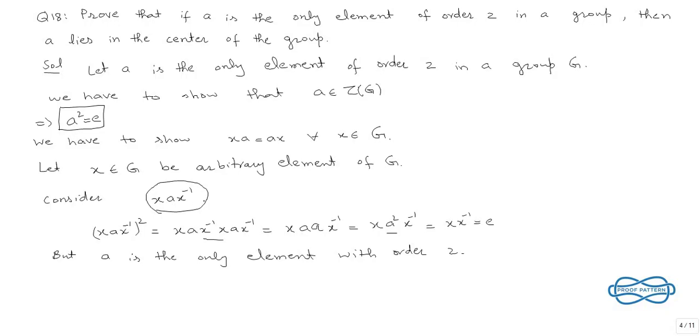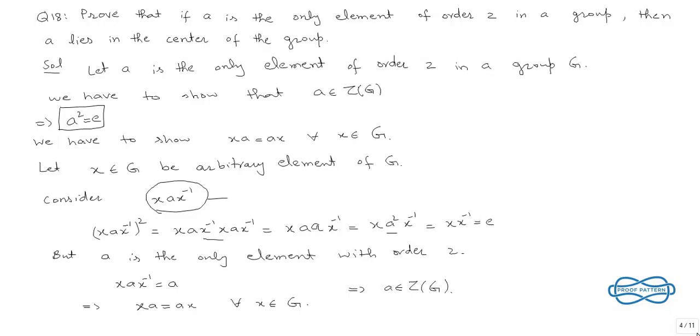So this means this element is also actually A. So XAX inverse is equal to A, and this means, if we move this X inverse to the right side, we will get XA equals AX for all X belongs to G because X was arbitrary, and that is what we want to show. This means A belongs to the center of G.